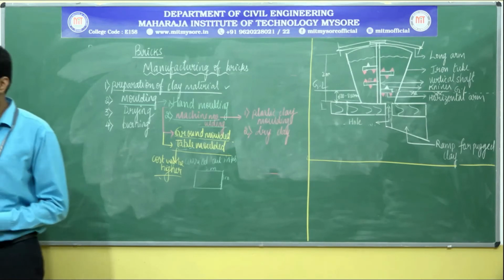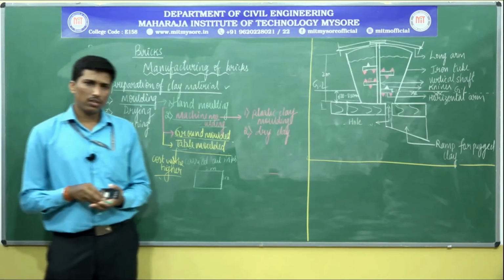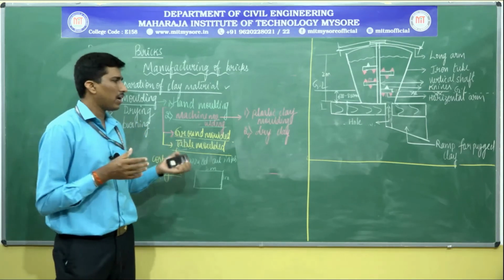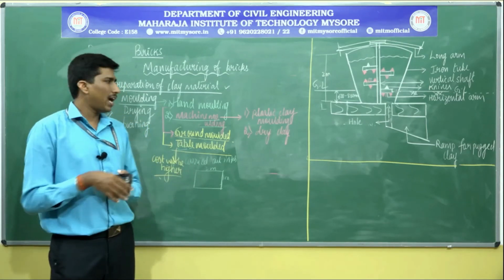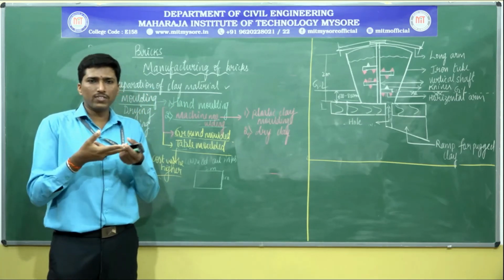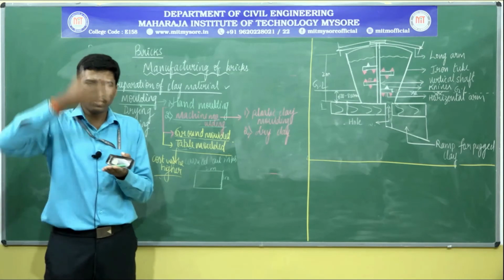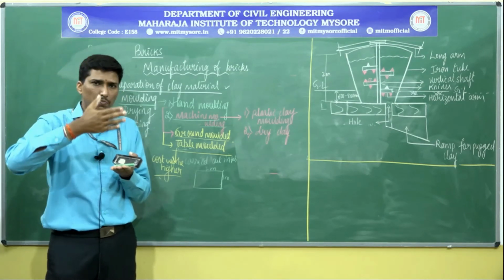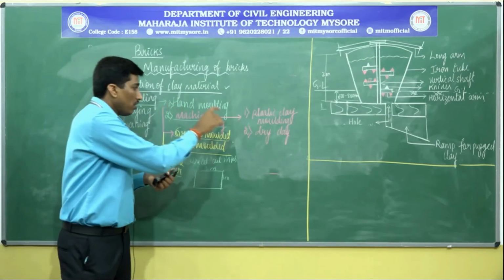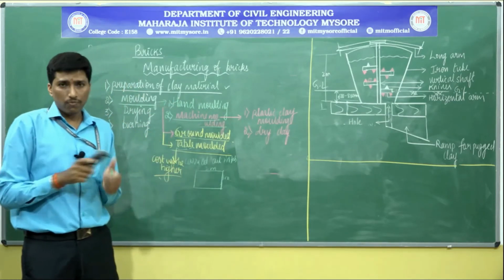What does the term plastic clay machine molding refer to? Mainly, the clay is placed in a machine which imparts plasticity in nature. The wet condition prevails. It is passed through the machine where certain wires are kept, so that the bricks are manufactured in a wet form itself.